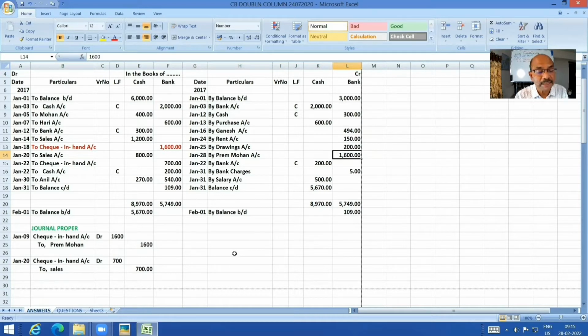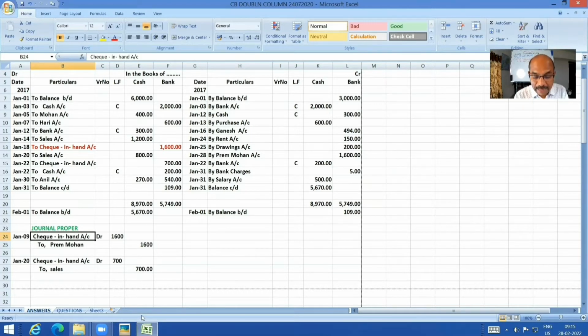Never write by check in hand. Don't make that mistake, because check in hand has been nullified. Net effect being bank to Prem Mohan 1,600 original entry. Now I am reversing it. Prem Mohan to bank. So by Prem Mohan in the bank column 1,600.